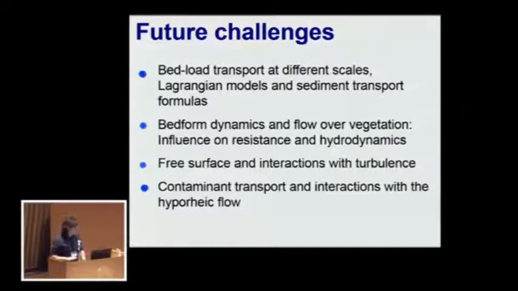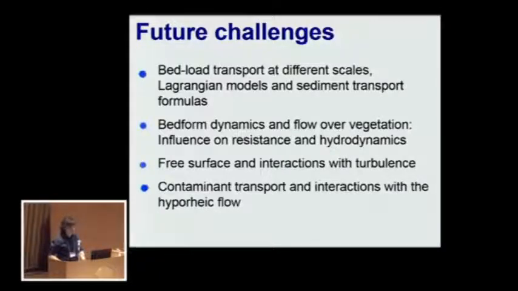Then bed form dynamics, where there have been recent advances in that area, or flow over vegetation. Actually, turbulence at the edge is one of the topics that is really difficult, and it could be really great to have detailed models that can inform or improve the relations that exist for larger scales.